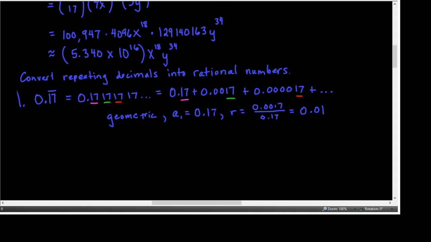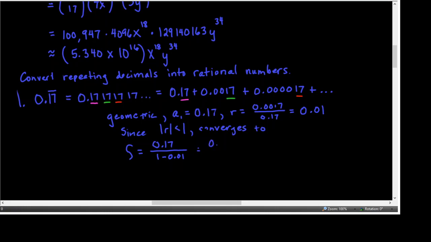You might have known that because it moved the decimal place 2 to the left, it'd be times 0.01. Anyway, since the absolute value of this r gives us a number that's less than 1, this converges to the sum of the series, s, they call it s sub infinity, I'm not going to, equals a sub 1 over 1 minus r.